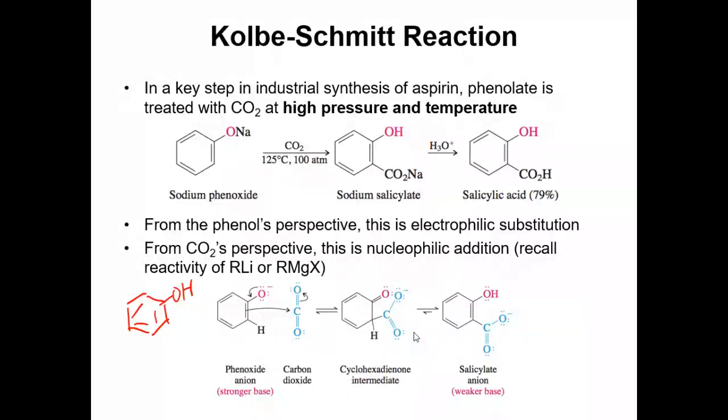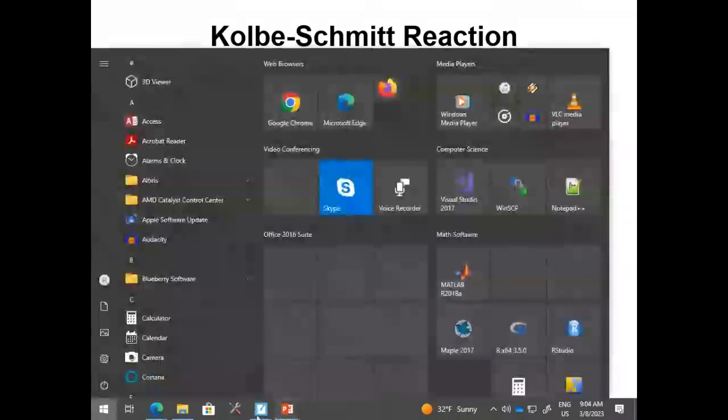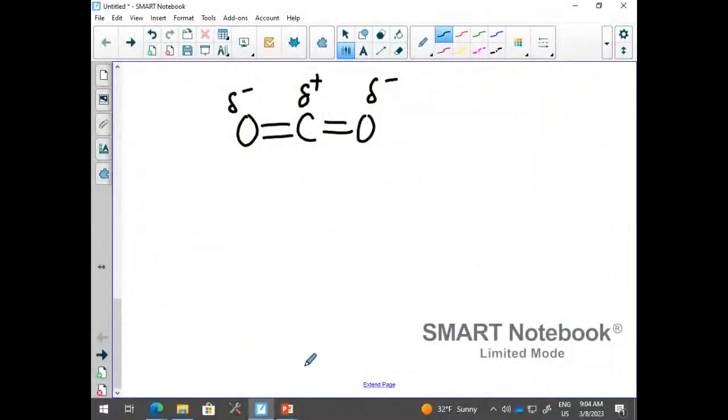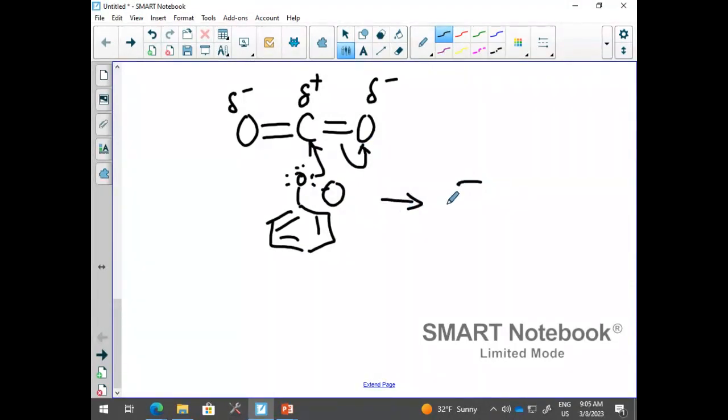If you think about the O-acylation product, I'll just show you what it is. That's the O-acylation product.